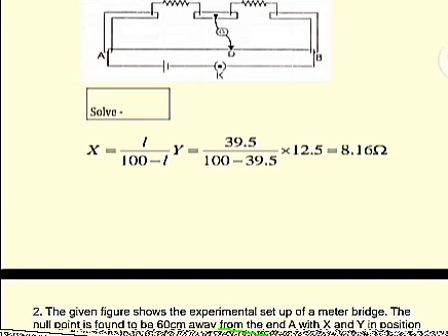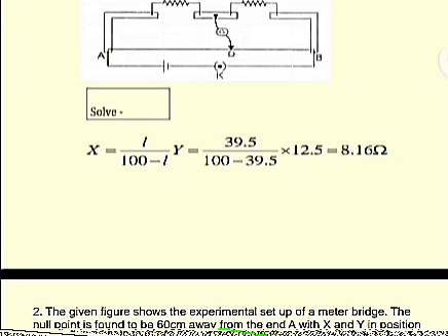Then cross multiply, we get another equation, that is X is equal to Y plus 15. Solve both equations and we get the value of X and Y as 45 ohm and 30 ohm respectively.